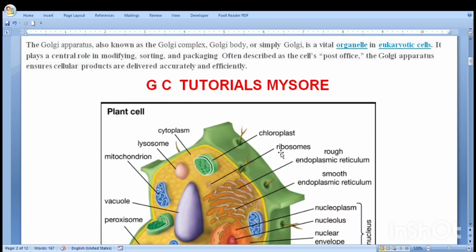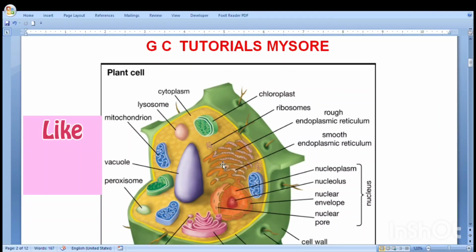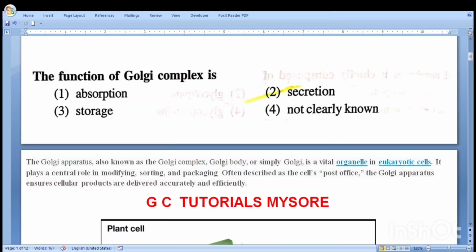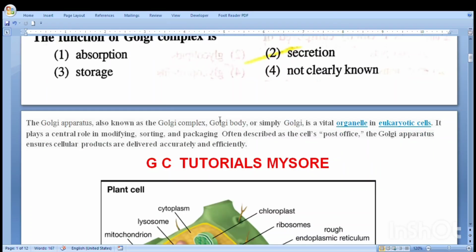In the last class I explained about the Golgi apparatus and told you many things about it. The Golgi apparatus is also known as the Golgi complex or Golgi body, or simply the Golgi. It is present in eukaryotic cells.